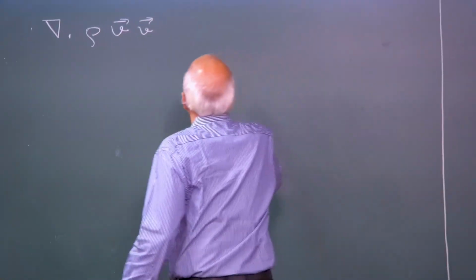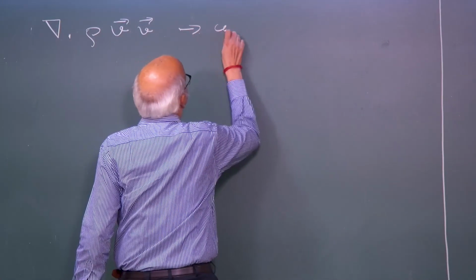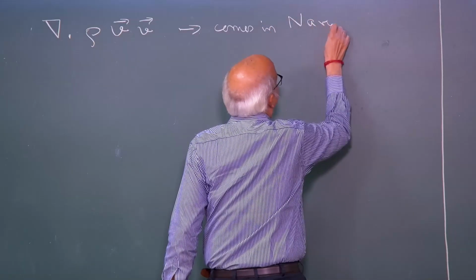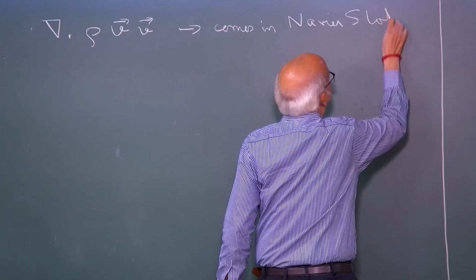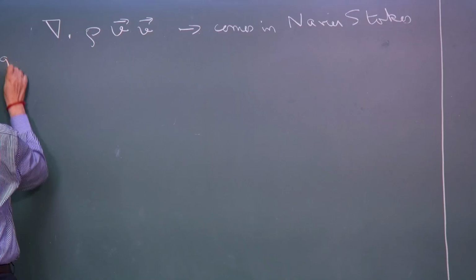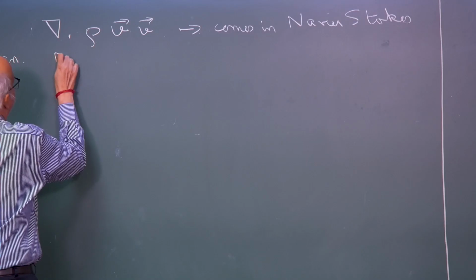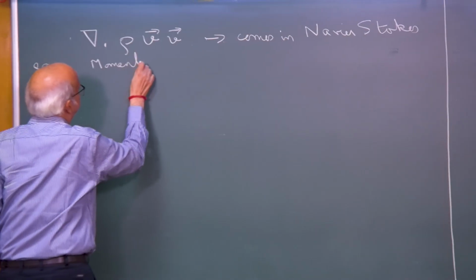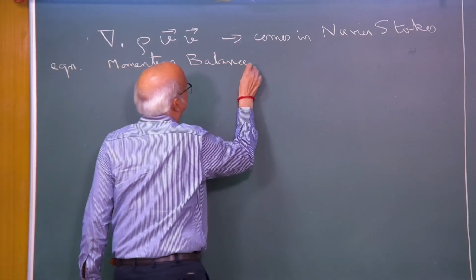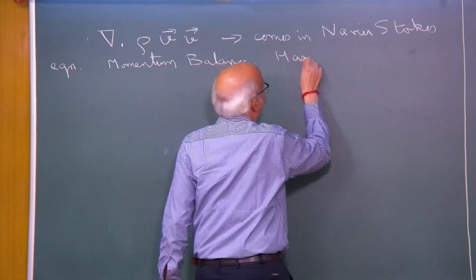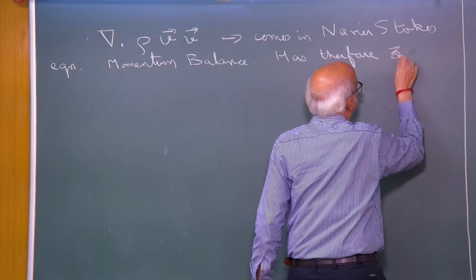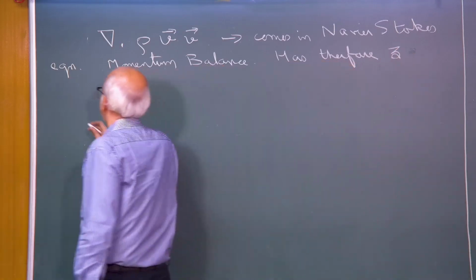This comes in the Navier-Stokes equation. This is a momentum balance and has therefore three components.